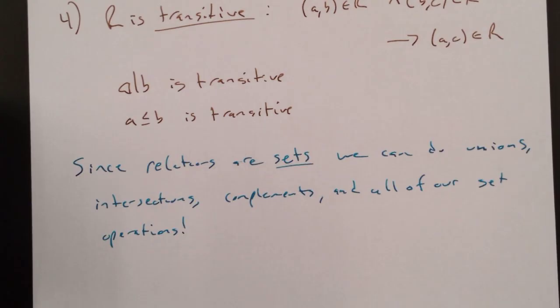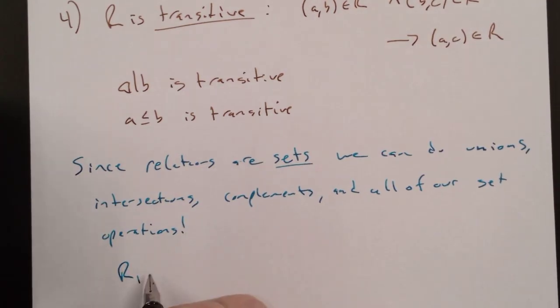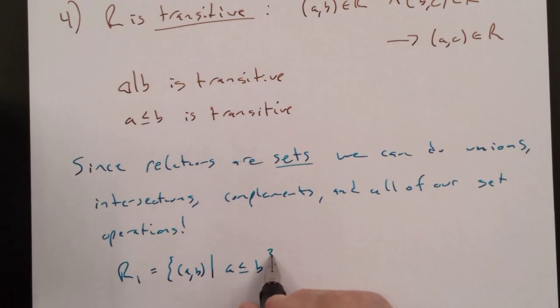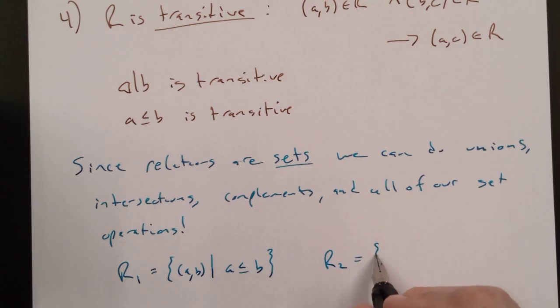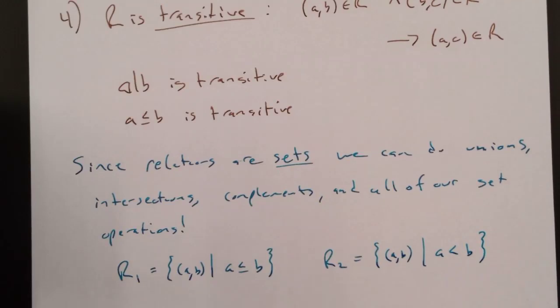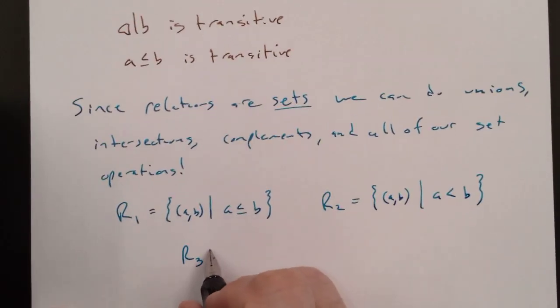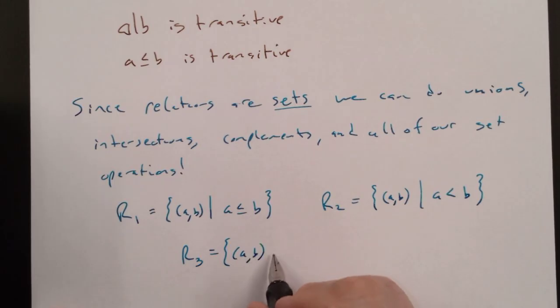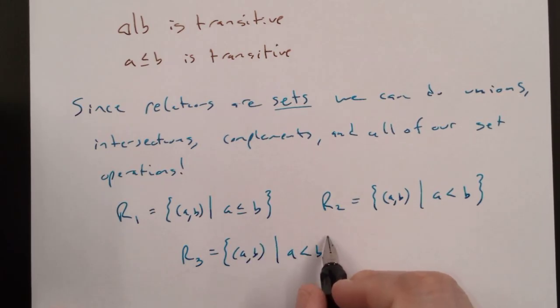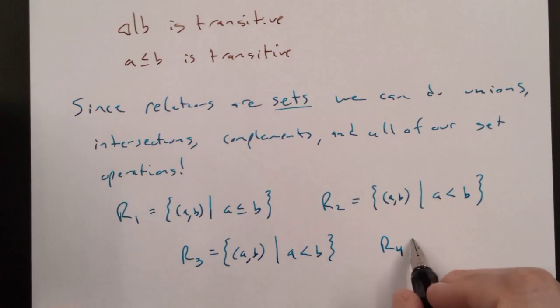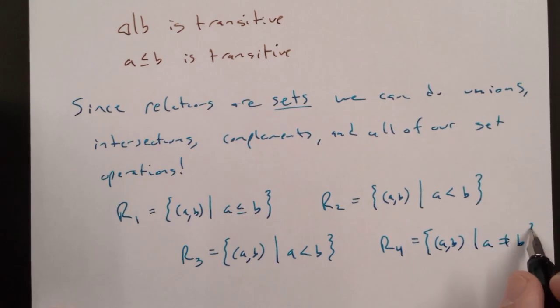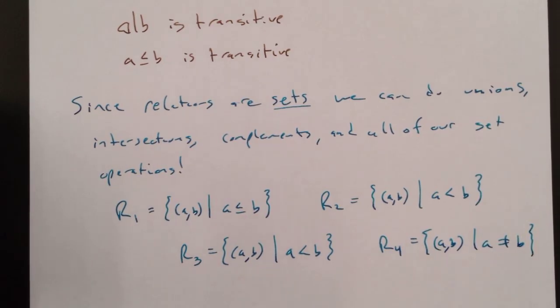For example, here are four relations where A and B are elements of the integers.